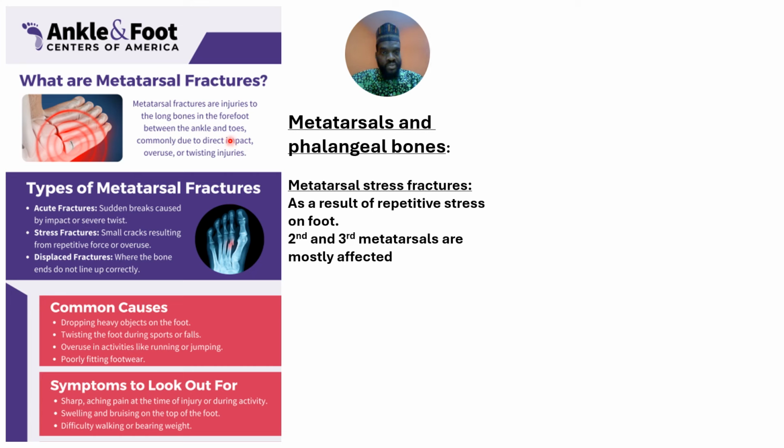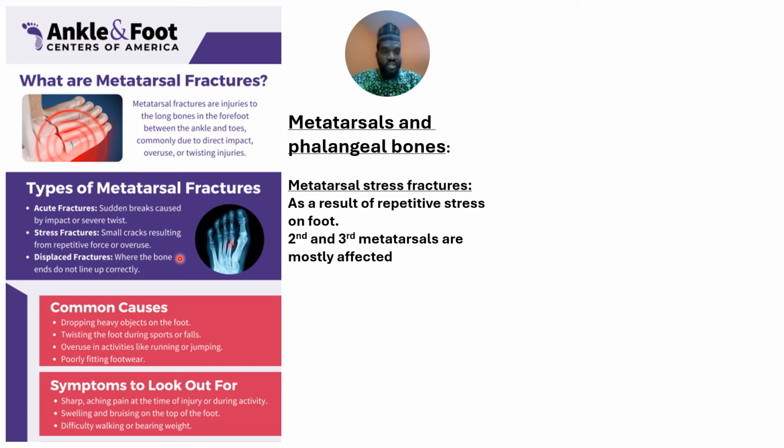They lie between the ankle and the toes. These fractures are quite common, and they could be acute, stress fractures, or displaced fractures. The acute ones are sudden breaks caused by something dropping on the foot or a severe twist, while stress fractures are small cracks that result from repetitive force or overuse.